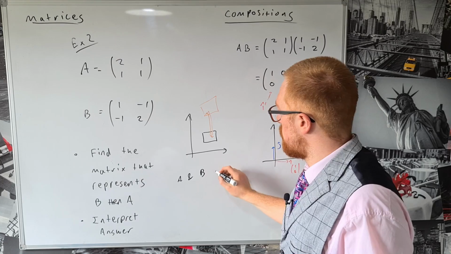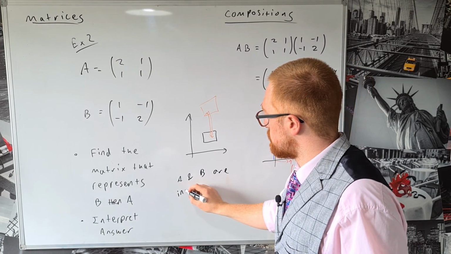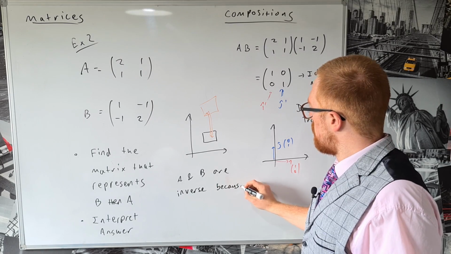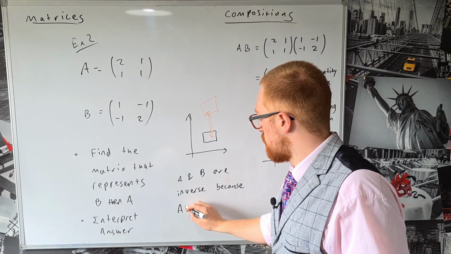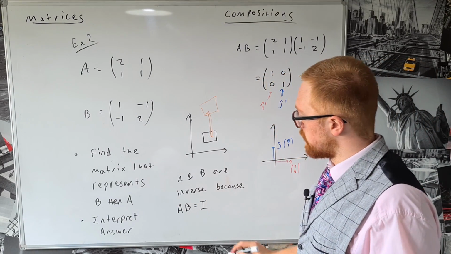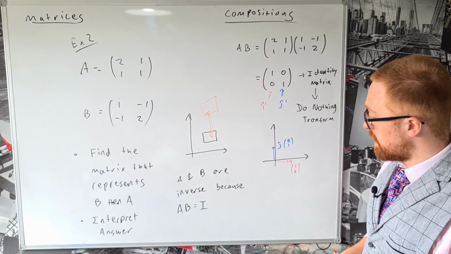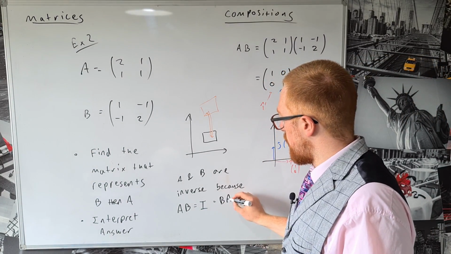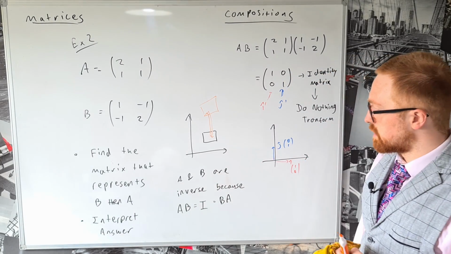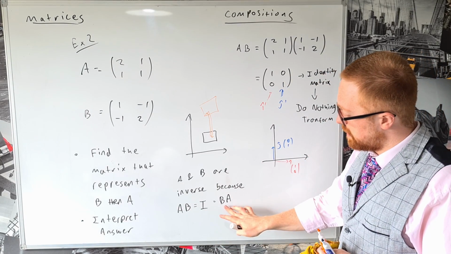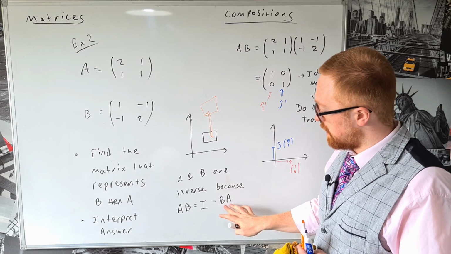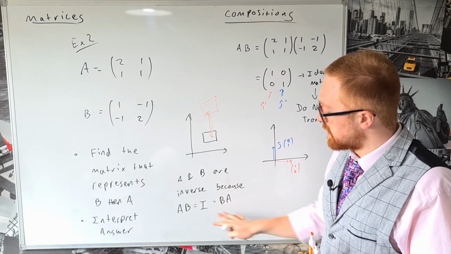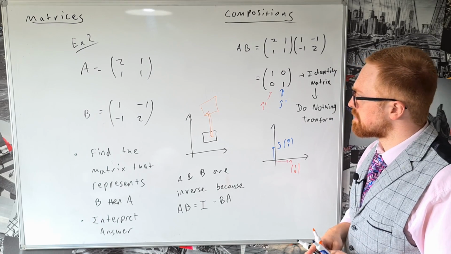So A and B are inverse matrices, because AB is equal to the identity matrix, which we call I. And because AB is equal to the identity matrix I, BA is also going to be equal to that identity matrix. So don't mistake this into thinking that AB is always the same as BA. It's just that if they're inverse, then it doesn't matter which way around you times them.